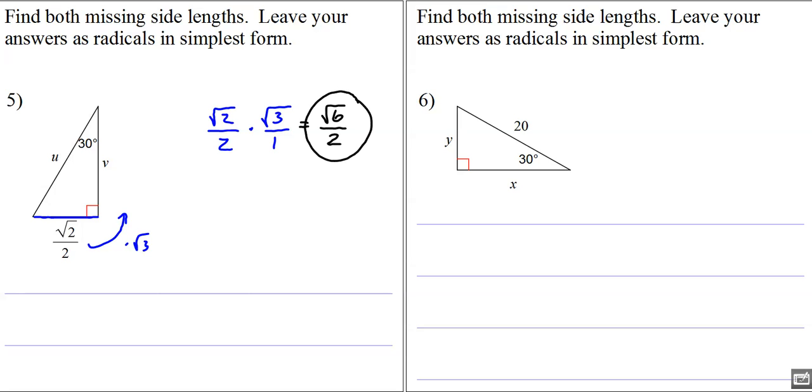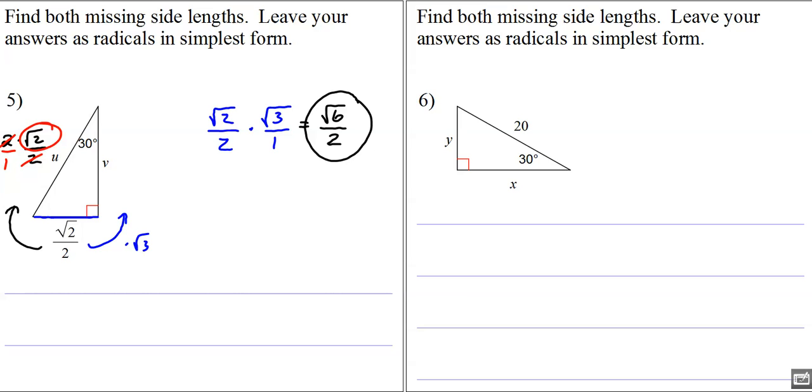I cannot break down the square root of 6 anymore. To go this direction from the smallest side to the hypotenuse, I double it. So this one is just going to be 2 times radical 2 over 2. And those 2's cancel out, and I end up with just the square root of 2.